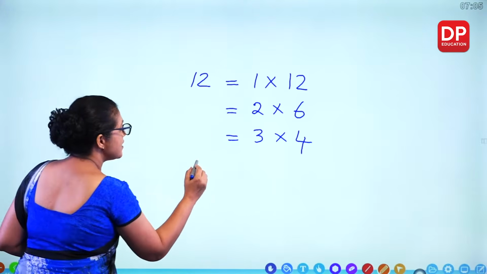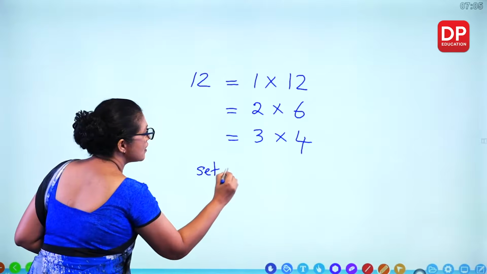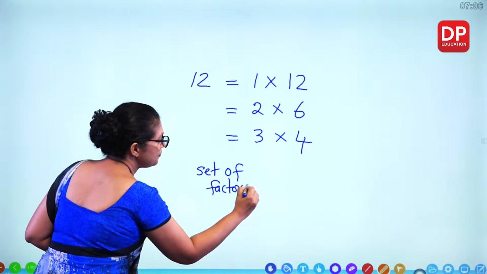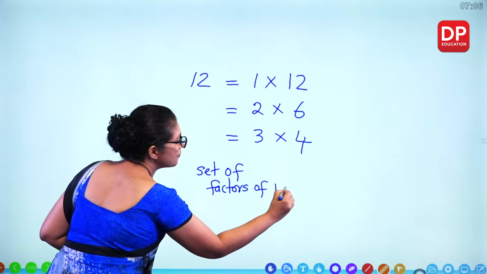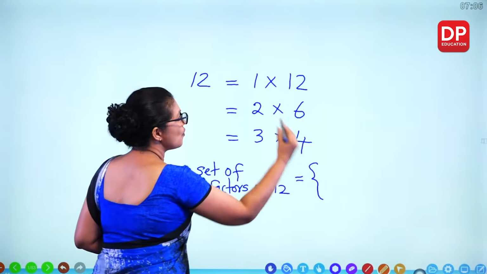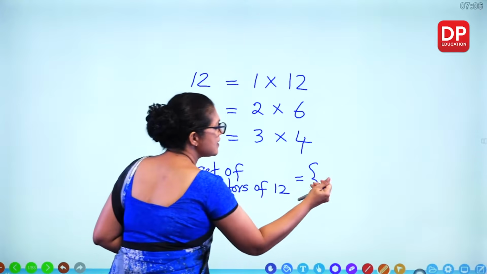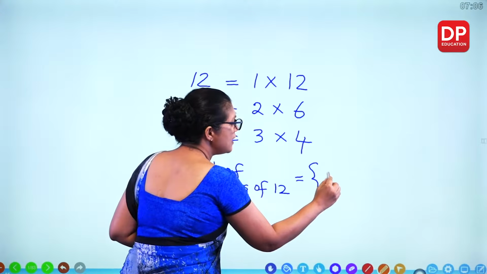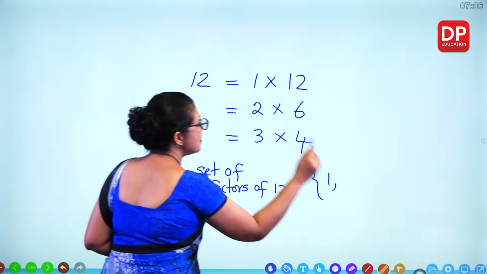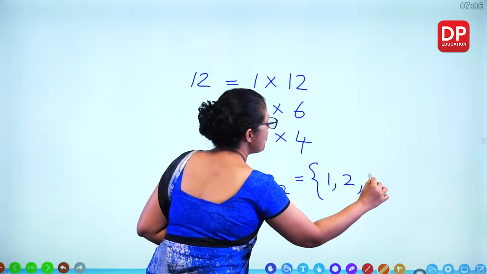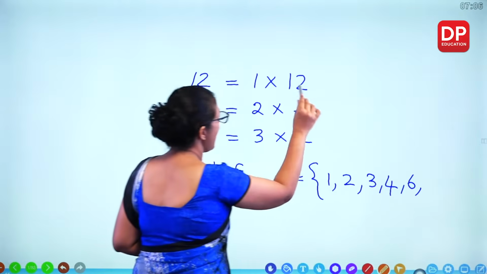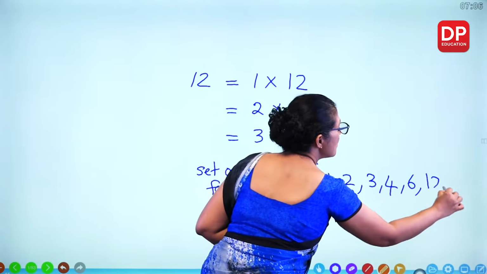If we write down the set of factors of 12 in this form, we write curly brackets and write all the factors inside: 1, 2, 3, 4, 6 and 12.